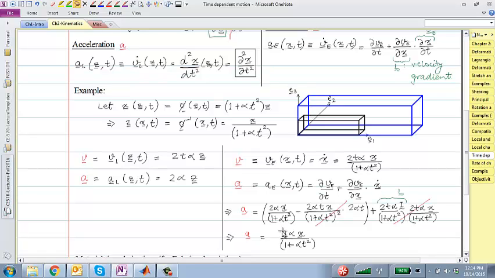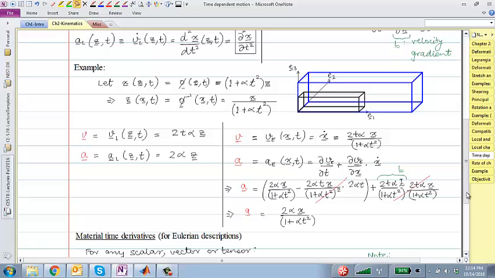If you simplify that out, what we get is 2 alpha x over 1 plus t square, which is exactly the same as 2 alpha z. So even acceleration or any other physical quantity, in terms of its values or the actual expression, would be the same as long as you know the map and you can convert between x and z.